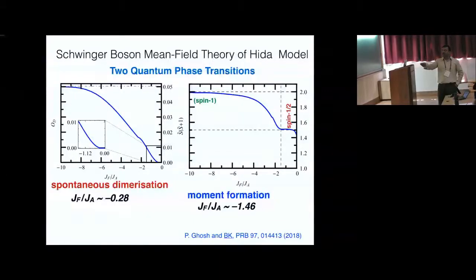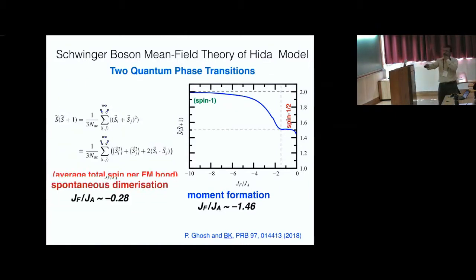But after the moment formation transition happens, it smoothly turns from a dimerized singlet phase into a TS phase. They are not two different phases in that sense. They are qualitatively the same phase, except that the binding is strong or weak. So from DHS to TS, it's just a smooth evolution.